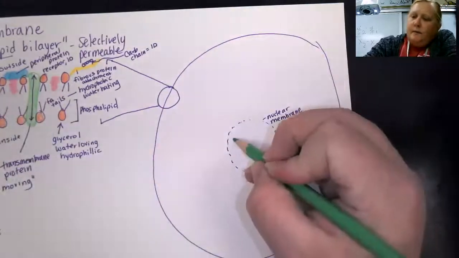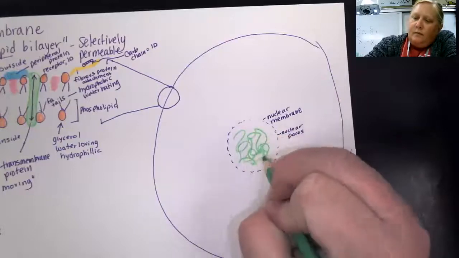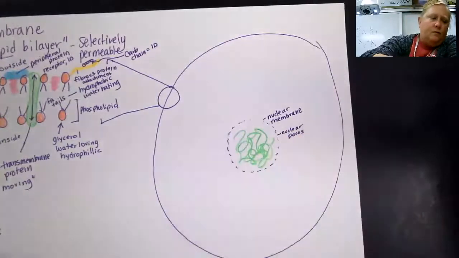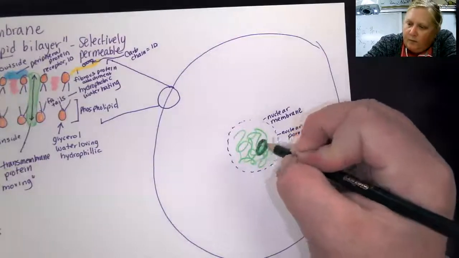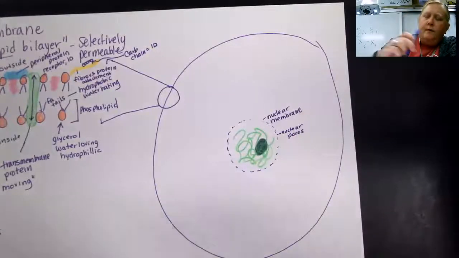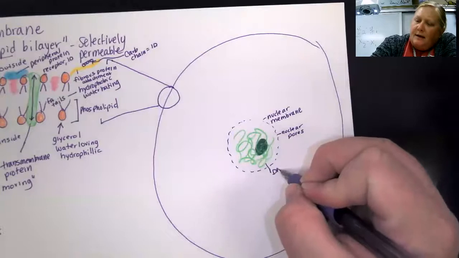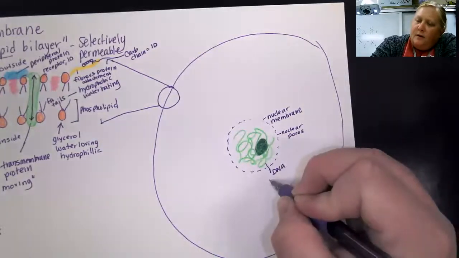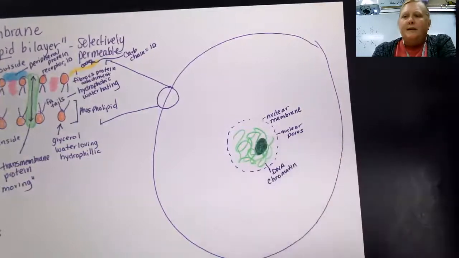Okay, so this stringy part would be DNA, and this is in the form of chromatin when it's stringy.